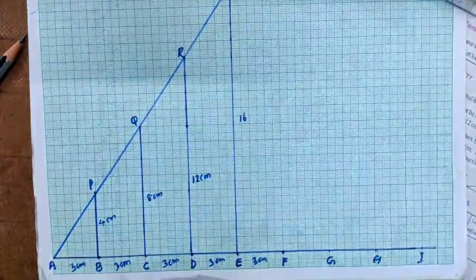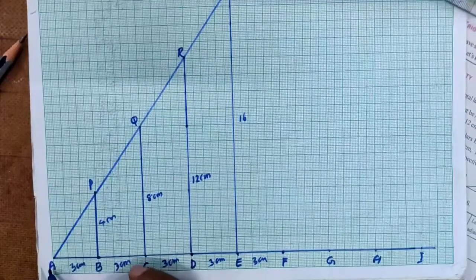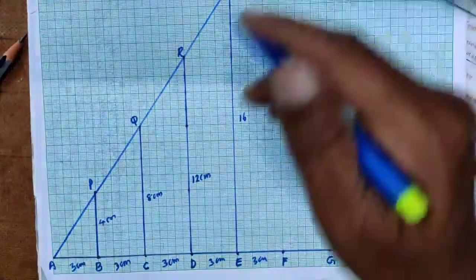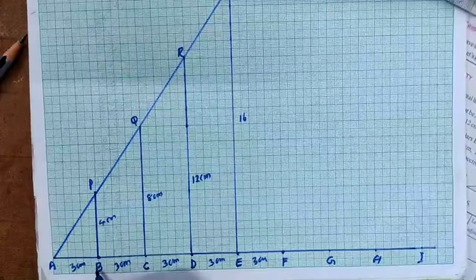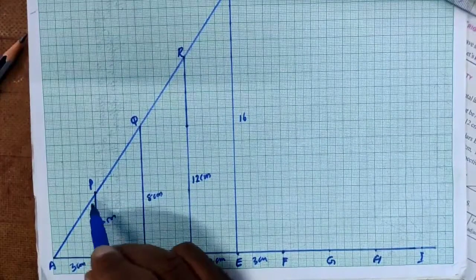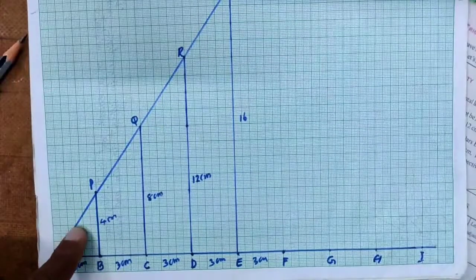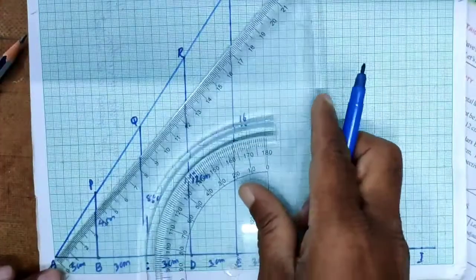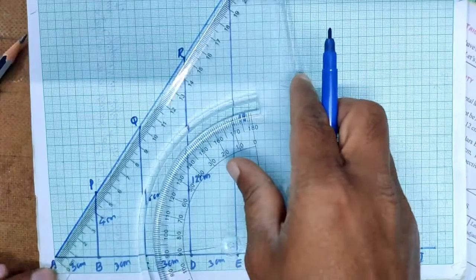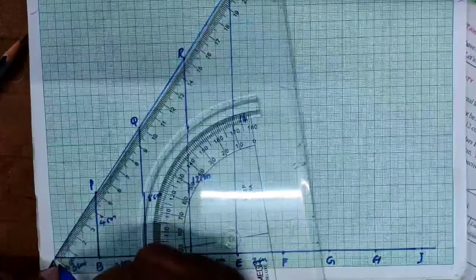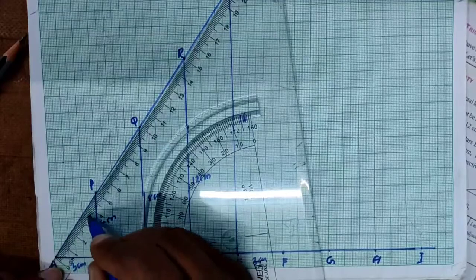So here this is triangle ABP, and in this triangle AB is 3 centimeters and BP is 4 centimeters. And what is this AP? Try to find the distance of this one. 1, 2, 3, 4, 5.